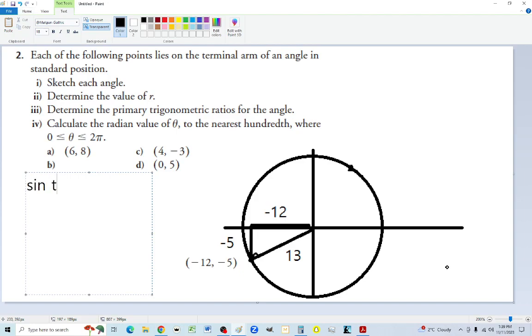So the sine of theta is equal to the opposite over the hypotenuse, minus 5 over 13. Notice that it gives me the correct sign by keeping x and y in their proper signs, which means the cosecant of theta is negative 13 over 5. The cosine of theta is the adjacent over the hypotenuse, and the secant of theta is the flip of that.